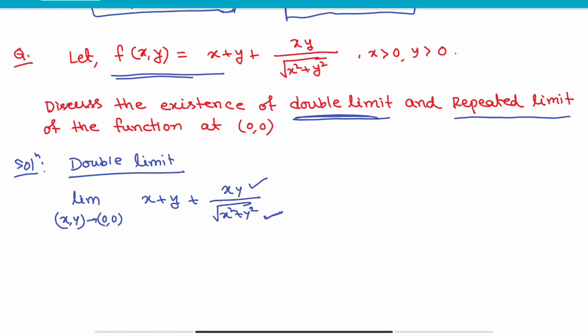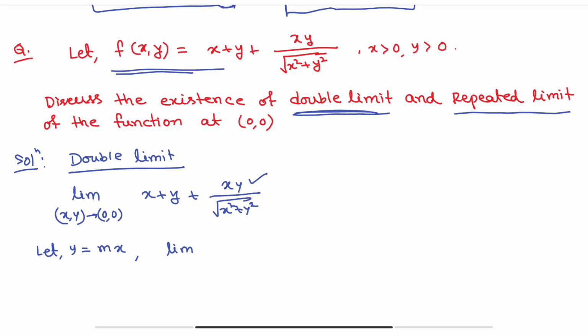So let y equals to mx. Then limit x tends to 0, x plus mx plus m into x square divided by root over x square plus m square x square.